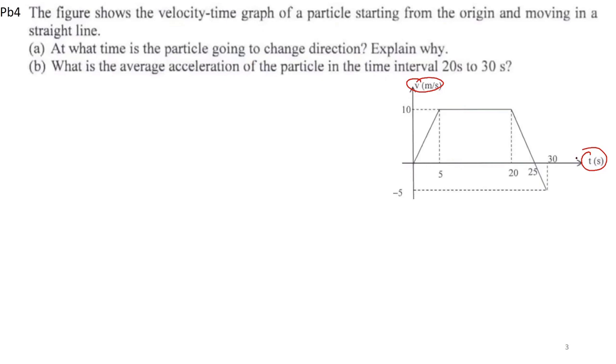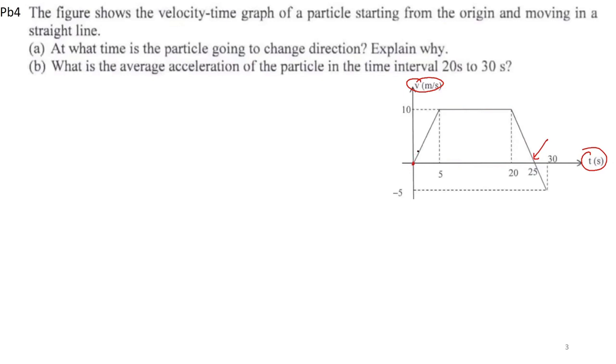Okay, so here I have a velocity time graph. The question is, at what time is a particle going to change direction, and explain why? Somebody rightfully said that it will change direction at t equal 25 seconds. Why? The sign of the velocity is giving you the direction of motion. So what is happening here? I start from rest at t equals 0.